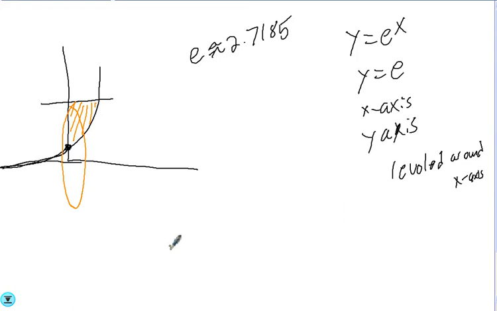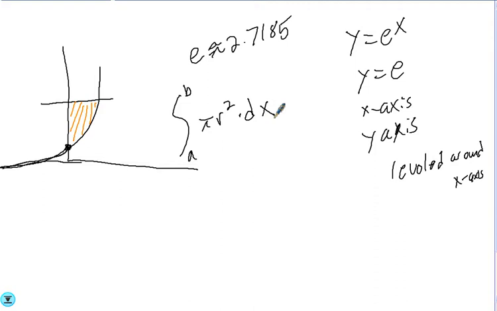So what I want to be doing is setting up my two radius integrals. Remember, for a simple volume, it's just the integral from a to b of pi r squared times d, and then whatever the axis of rotation is. If the rotational axis is x, then we have a dx.